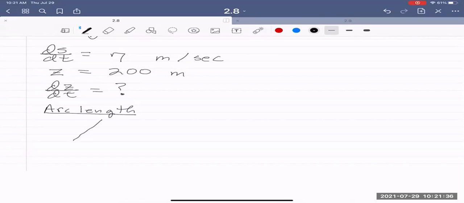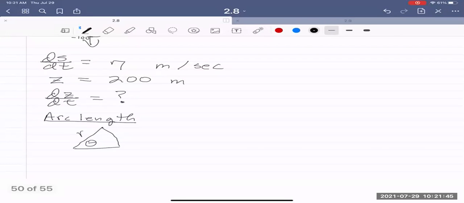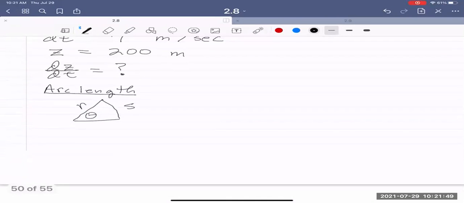So if I have some angle theta here, some radius r here, and some arc length s here, I have that s is equal to r theta, as long as you're measuring everything in terms of radian measure.